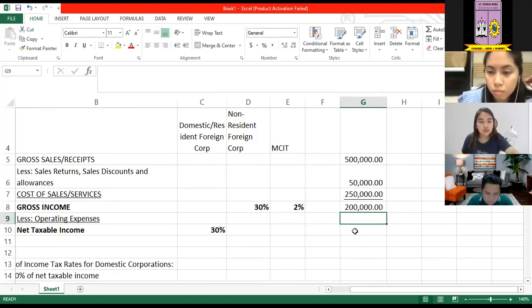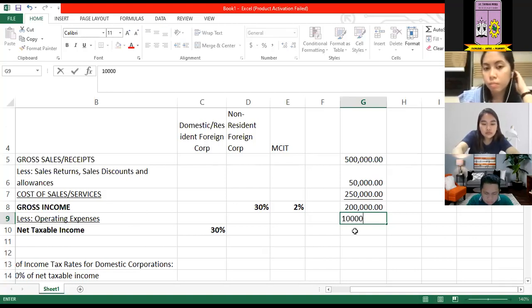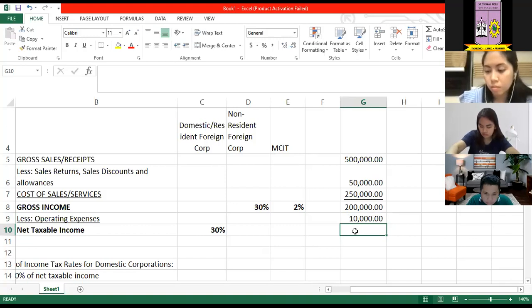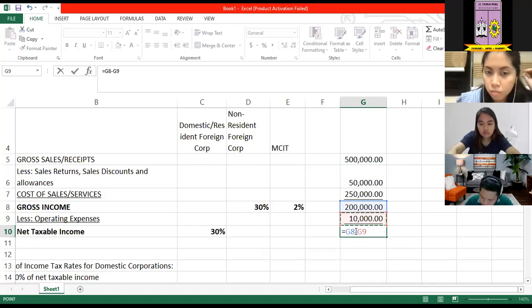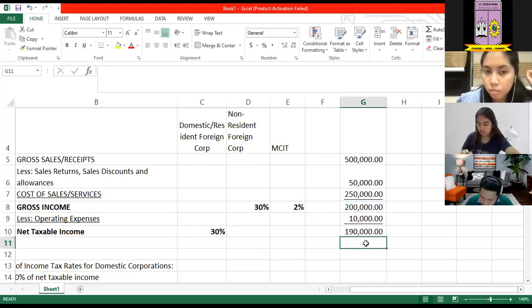So, less natin, let's say, 10,000. So, yung net taxable income natin is gross income less operating expenses.